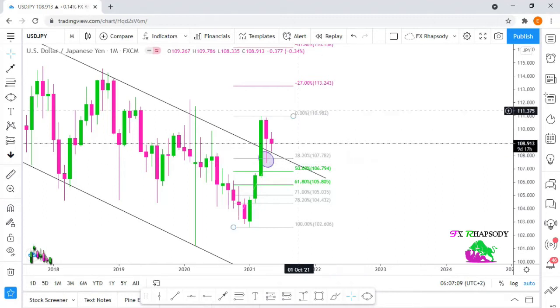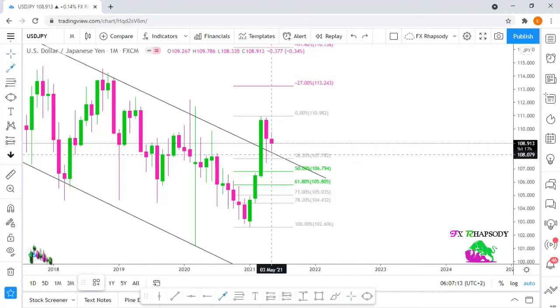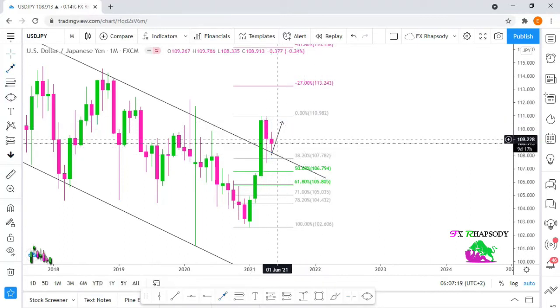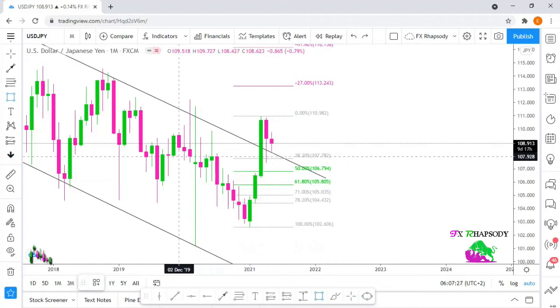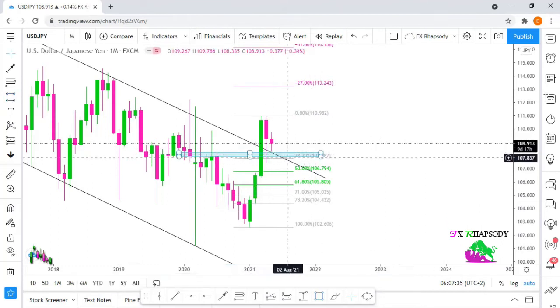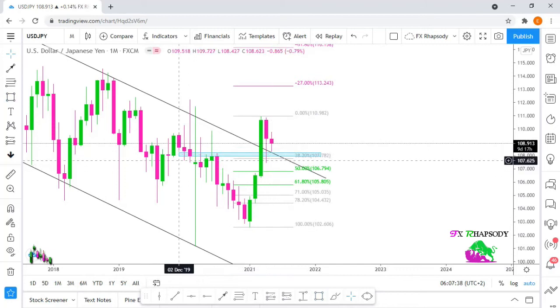After that touch, we could see that the price retracted and is in actual fact bouncing off this trend line currently. This is also a nice area of support, and that also falls nicely in this area of the 38.2%.